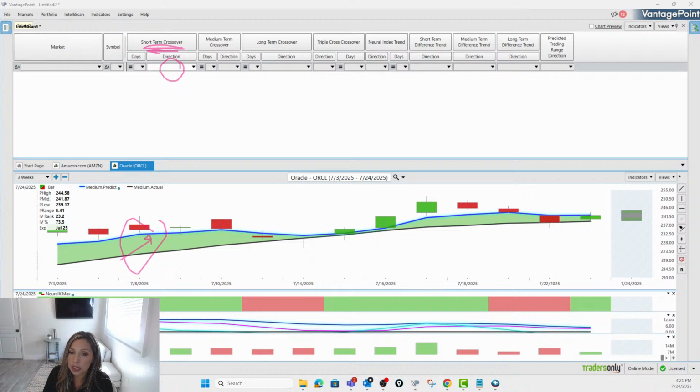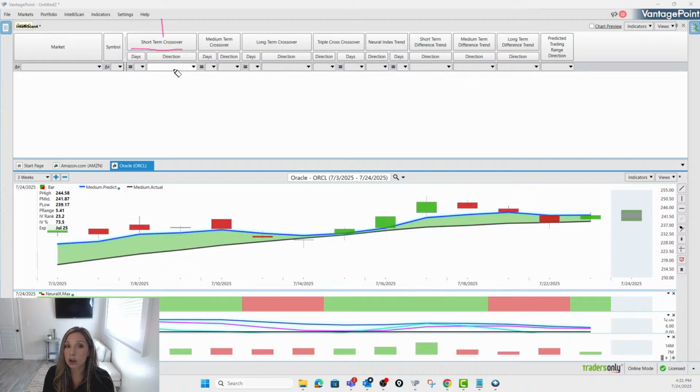Now you'll notice that there are a few time frames here on our crossovers. We've got the short-term crossover. That's a one-day trend forecast. So if you're looking out just one day, we're expecting that trend to move up on a one-day basis. Now, great for day trading, great for shorter term swings as well.